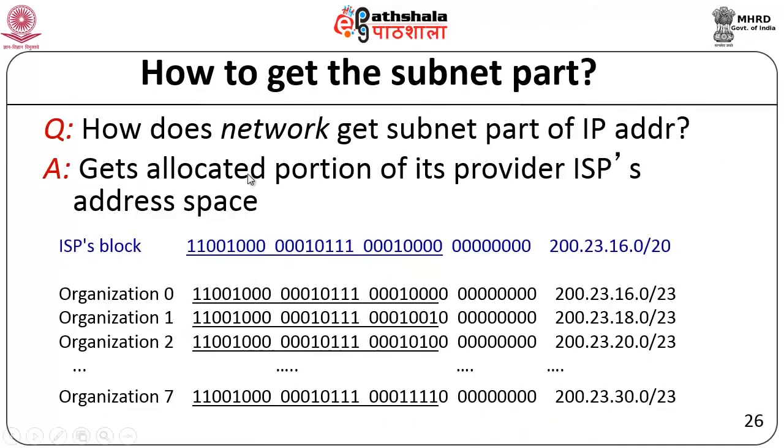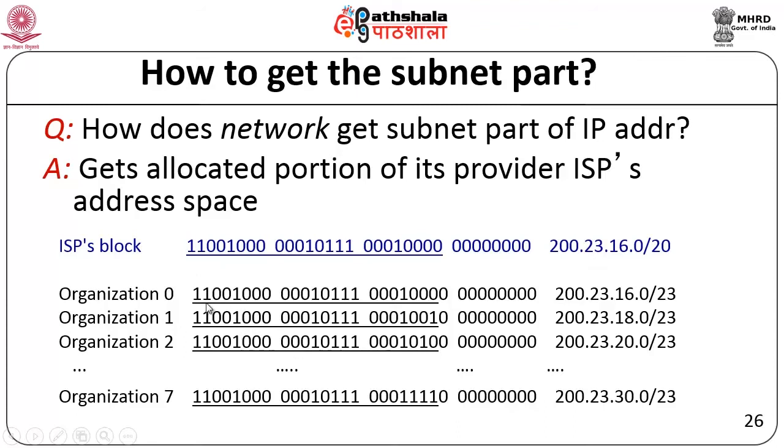Now, how do we get the subnet part? We said that the subnet part of the address can also be obtained. Normally, the network gets some allocated portion of its provider ISP's address space. Let's say an ISP has a block of addresses, 200.23.16.0.